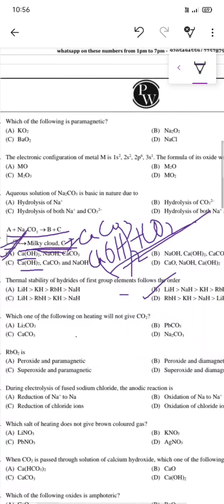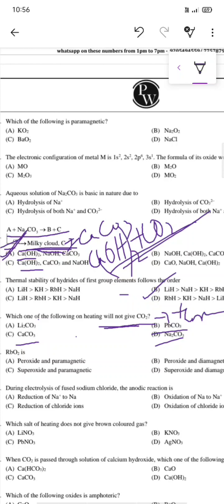Okay, solved. Which of the following on heating will not give carbon dioxide, means which is thermally stable. Carbonates of first group are thermally stable. This is also important. First group means lithium, K, Rb, Cs. Calcium carbonate is not first group.